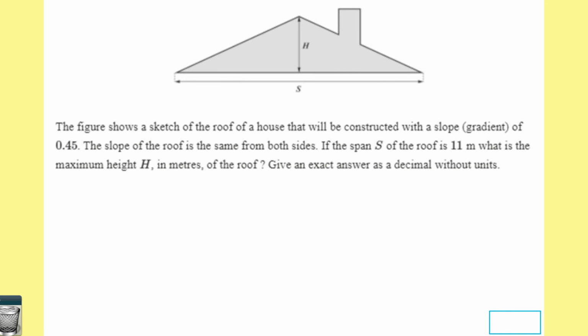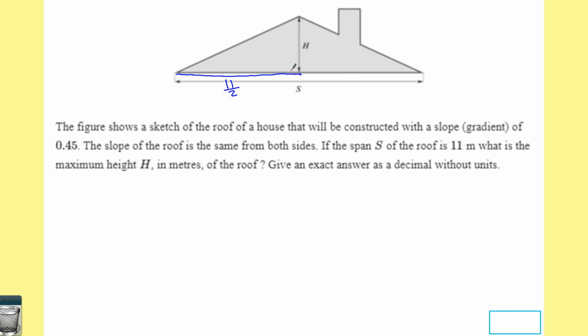Here we know the span of the roof is 11 meters. So this is 11, which means from here to here is going to be half of 11, because these distances are going to be equal. Now you're probably thinking, well, that doesn't really help me.